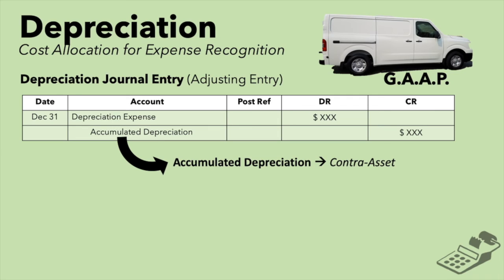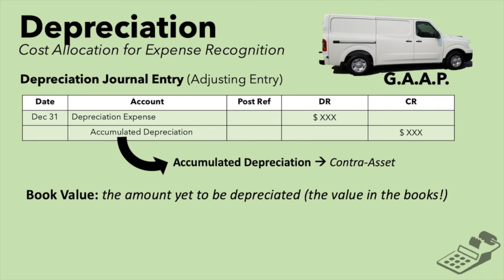Since it is a contra asset, it's going to be contra to our equipment or our buildings on our financial statements. We cannot credit the equipment or the buildings account, even though we're expensing them, because we still have those assets, and assets have to be recorded or reported at their original cost in our records. So the contra asset account is used to offset those cost values.